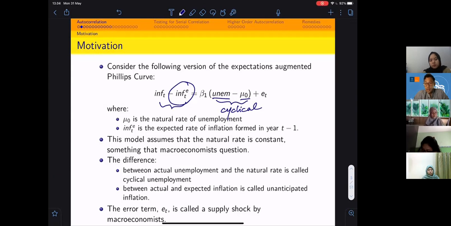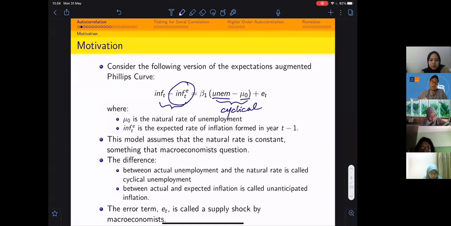So rather than regressing inflation on unemployment, we adjust the inflation with the expected rate of inflation. In this particular case, we can use the previous period inflation. We call this the adaptive expectation. And then we regress it on unemployment.